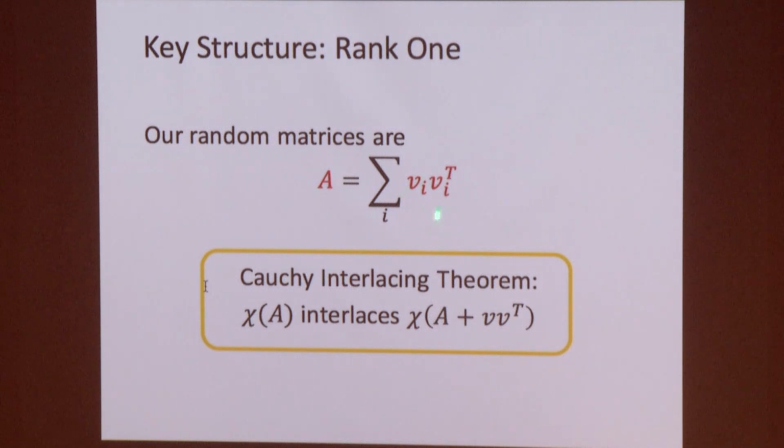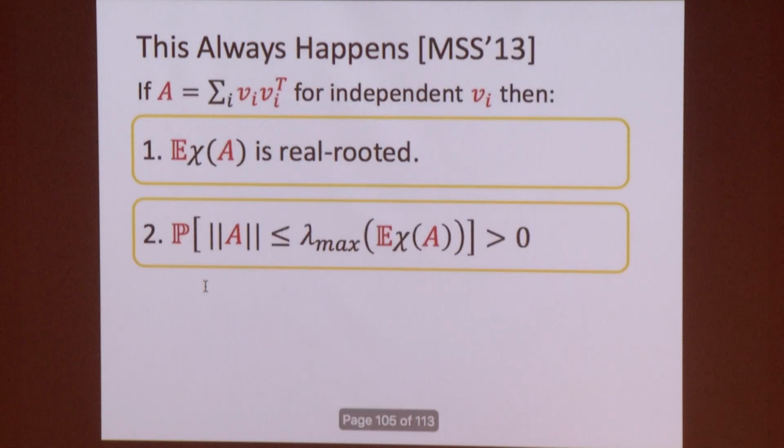So you can imagine the sum is generated by adding rank 1 matrices in some particular way, and each time you do that, you get two polynomials which interlace. Okay, so that's not a proof, but that suggests that somewhere that structure is present in these matrices as well. And Adam will flesh out the details, that's what's used to prove these facts. Okay? The key thing is rank 1.